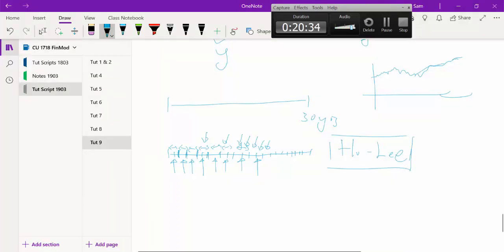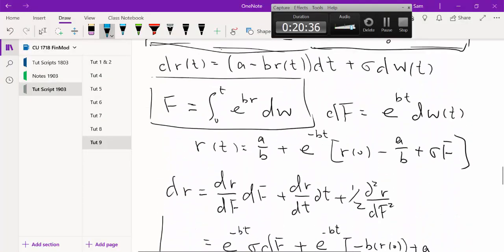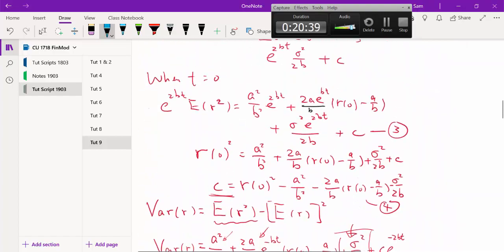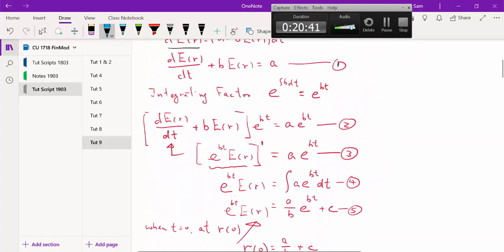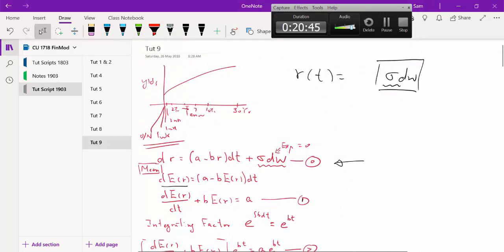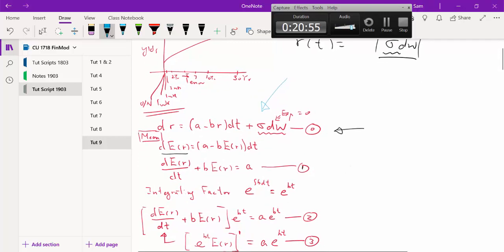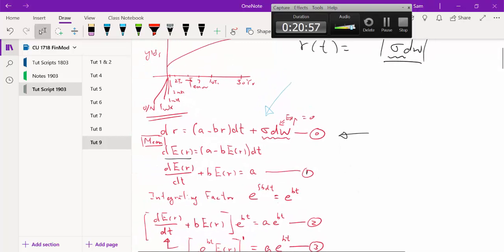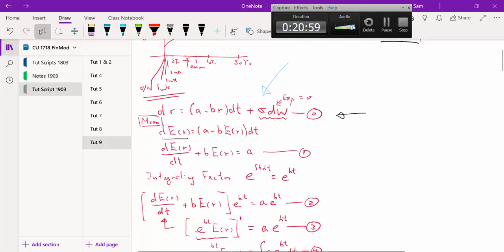Now, I've actually done the work here already because I don't want to waste the time scribbling, but I will go through it with you. So this is the stochastic process according to Vasicek, and what you do is take the expectation of both sides.